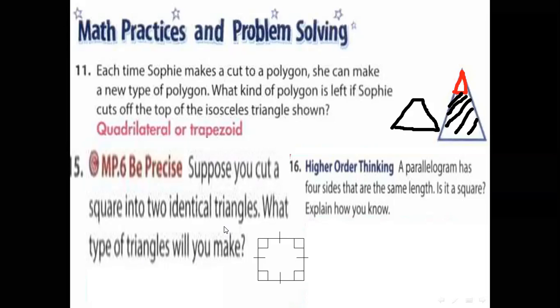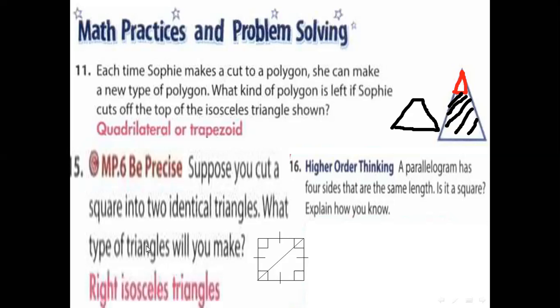When I divide the square into two triangles as shown here, the triangle has two sides that are the same, so it is called isosceles. The triangle also has a right angle, so it is called a right isosceles triangle. Right, because I have a right angle in this triangle, and isosceles because at least two sides are the same.